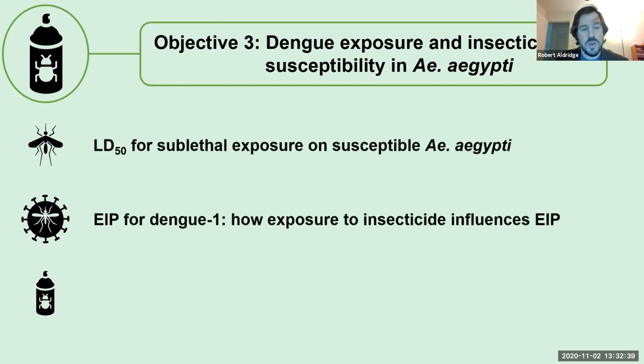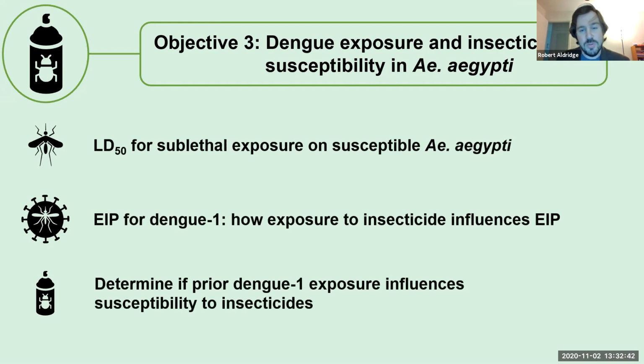So first we get the LD50 for the sublethal exposure of Aedes aegypti, looking at least 2 different pesticides. This would be a permethrin and then an organophosphate, because there aren't many adulticides that they make anymore for chemical control, or different modes of action, I should say.